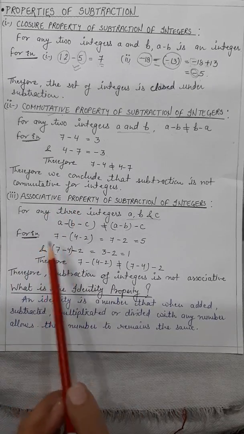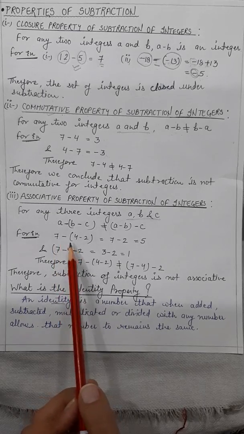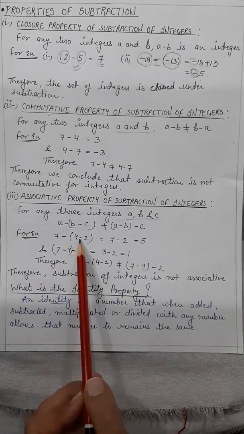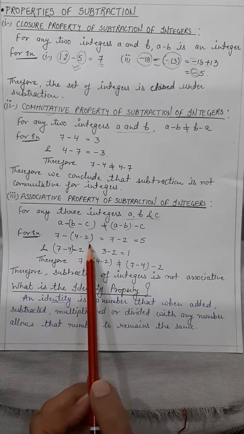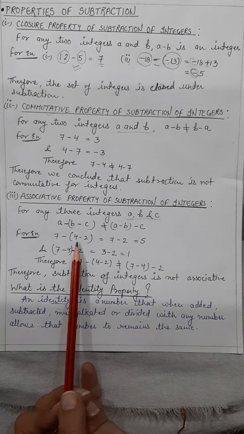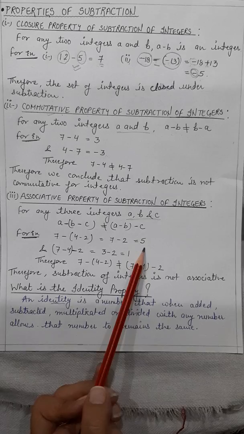Now for example, here I am changing the grouping. 7 minus 4 minus 2. I have grouped 4 and 2 with this bracket. So according to BODMAS, first we have to solve the brackets. Clear? So 4 minus 2 is 2. 7 minus 2 is 5.